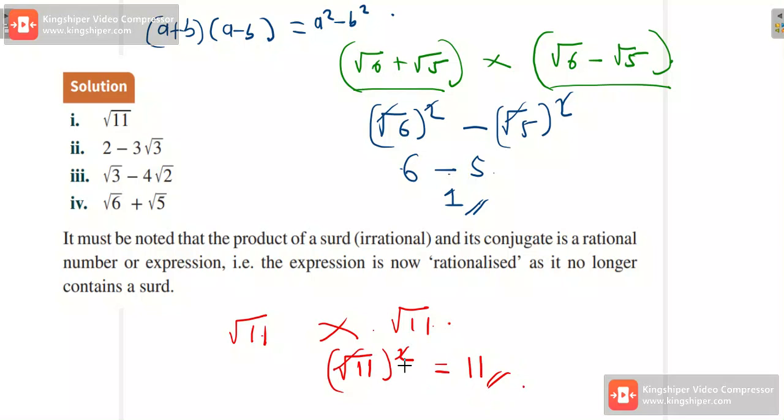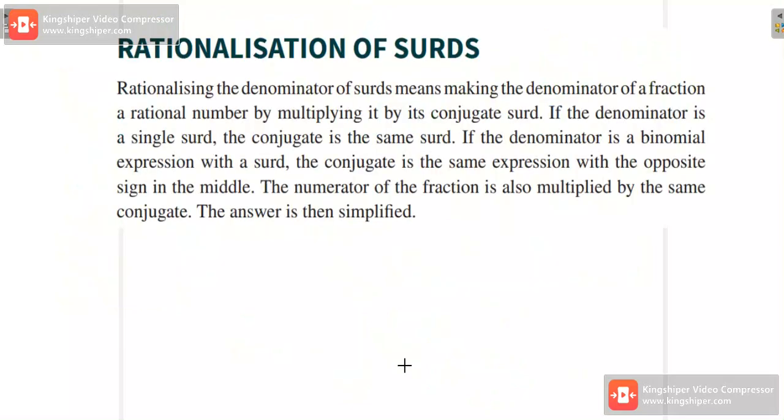Good. Now let's look at how to rationalize surds. So I have just explained that to rationalize a surd, multiply the surd by its conjugate.